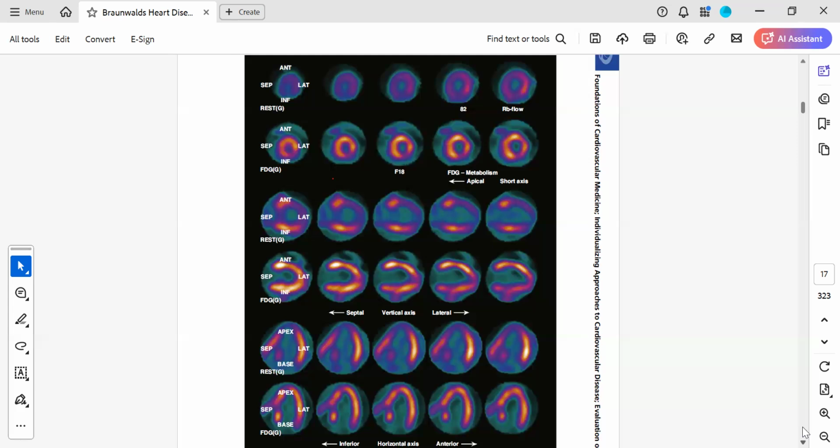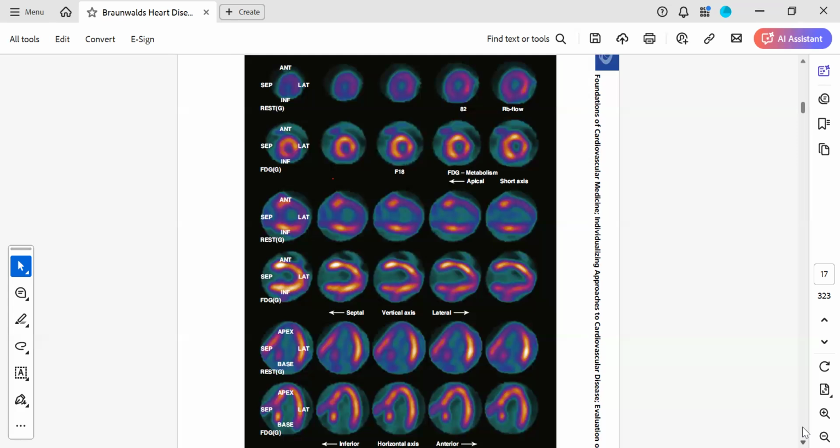Regional perfusion can also be assessed with an agent that remains in the vascular space and demonstrates distribution of blood flow, as was demonstrated in this particular scenario, whereby rubidium is being used. But an alternative to rubidium is also nitrogen-13 ammonia.